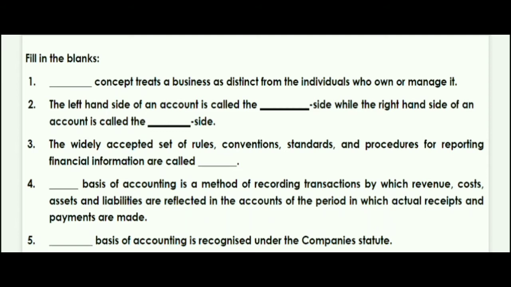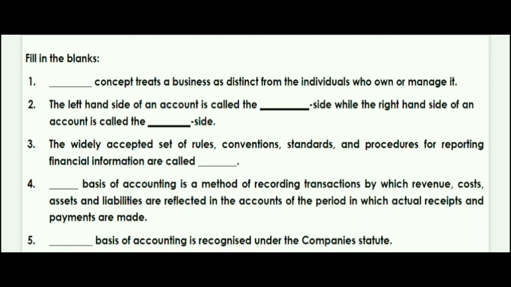Anyone of you? Well, the answer is, please write it down, either you can say business entity or separate entity. So the answer will be the business entity concept treats a business as distinct from the individual who owns or manages it.